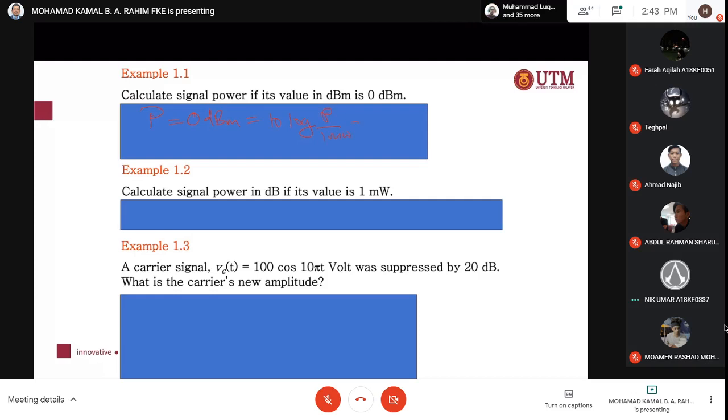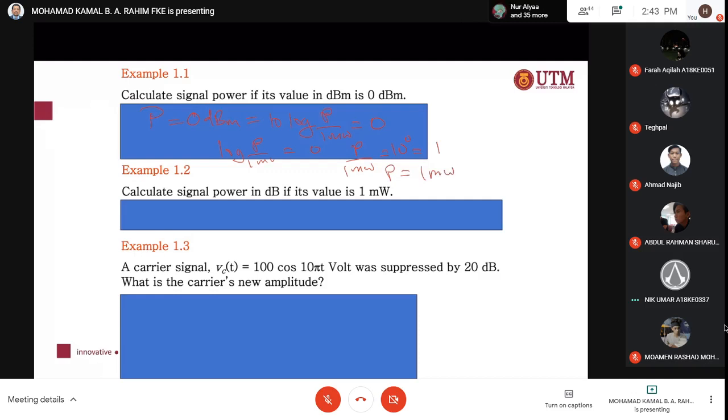And then it's equal to 0. So log of power over 1 milliwatt is 0. P over 1 milliwatt is actually 10 to the power of 0, so it's equal to 1. P is equal to 1 milliwatt.